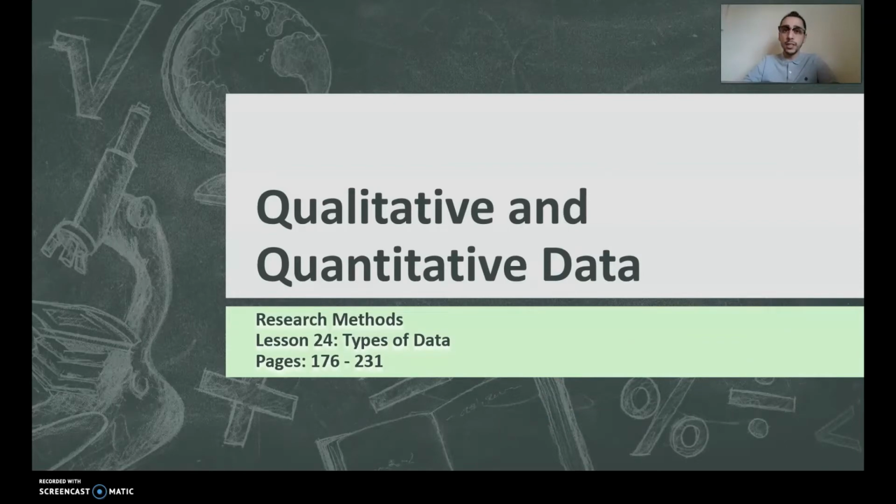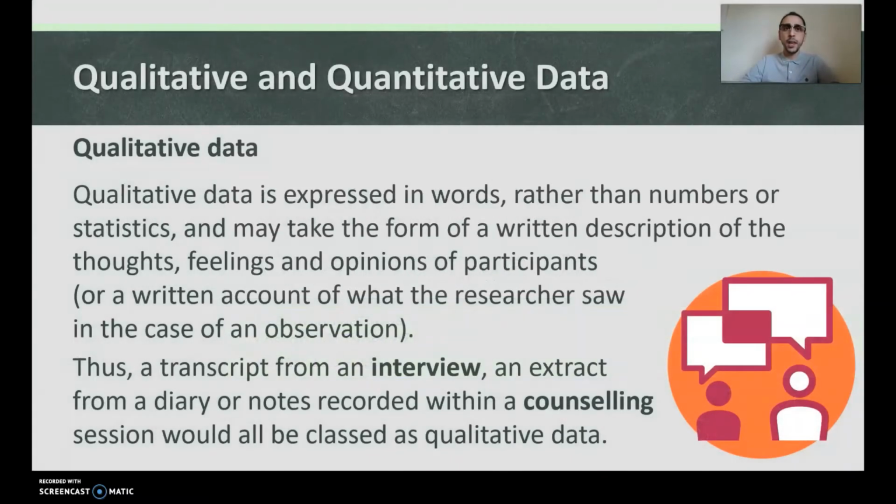So we've got qualitative and quantitative data. We have touched upon these 2 types of data before, but now we're going to look at them in a little bit more detail. Qualitative data. Qualitative data is expressed in words rather than numbers or statistics, and may take the form of a written description of the thoughts, feelings, and opinions of participants, or a written account of what the researcher saw in the case of an observation.